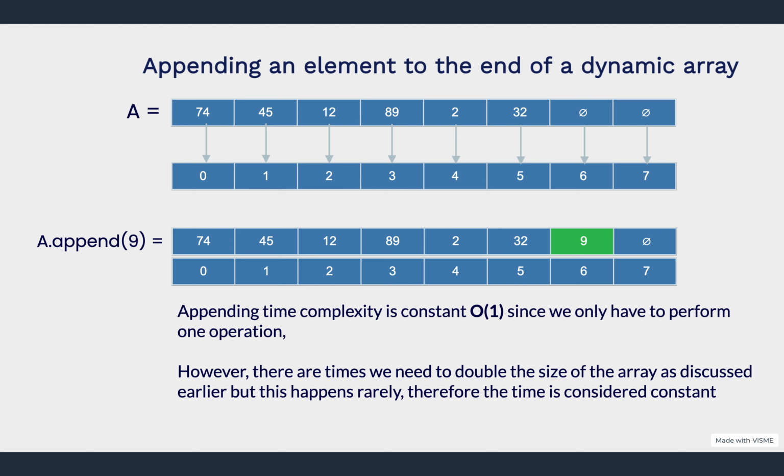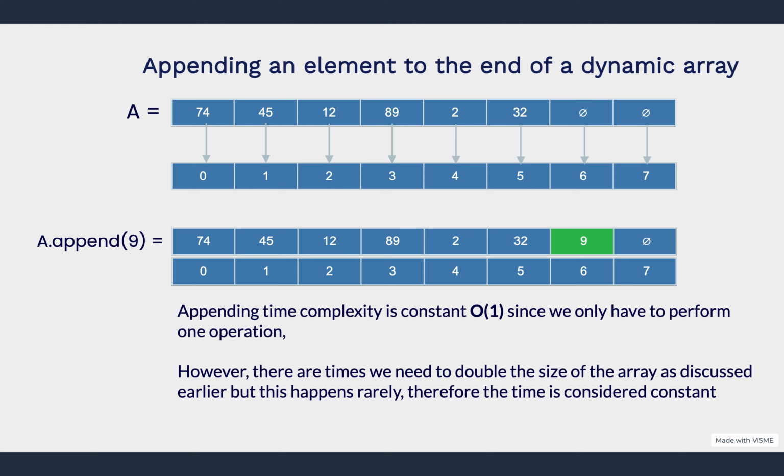Appending an element to the end of a dynamic array. Let's assume we want to append 9 to the end of this dynamic array. The time complexity is constant because we only have to perform one operation: just set that index to 9.